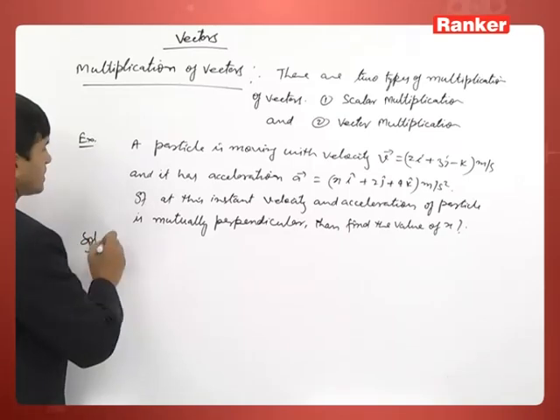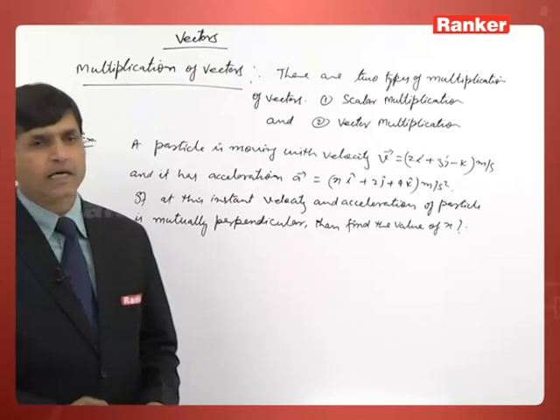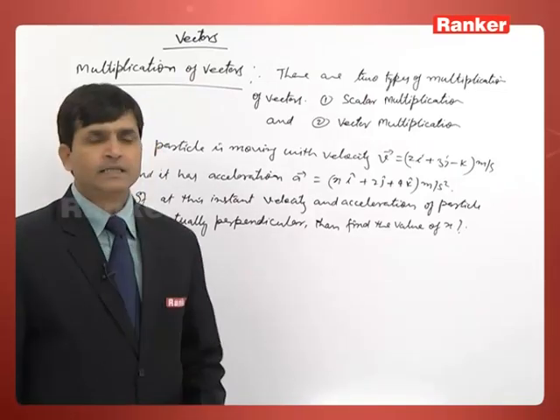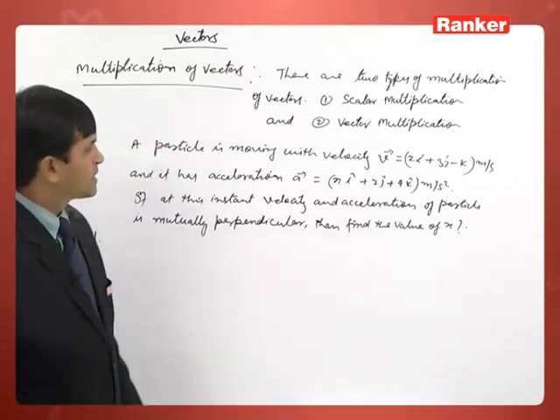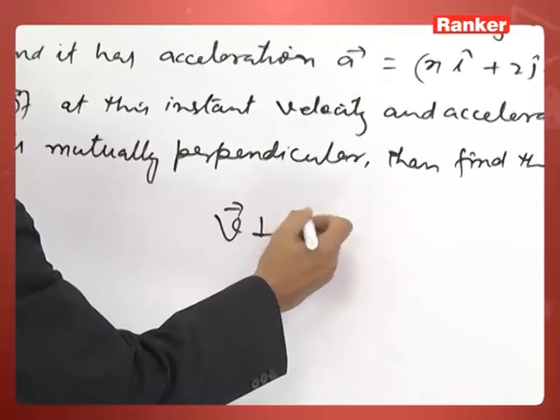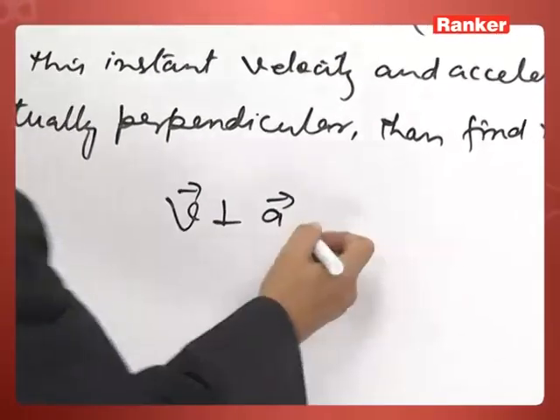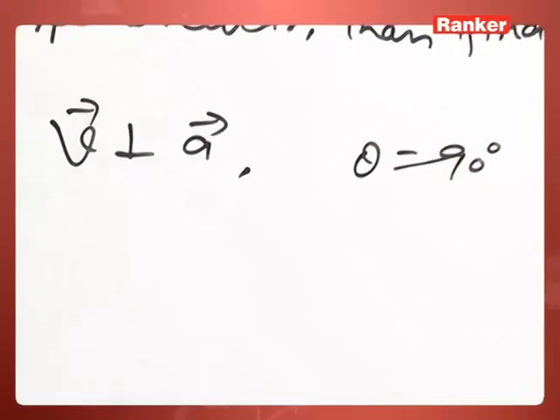Now, this is the question here. Velocity and acceleration of the particle are given and they are asking if these two are perpendicular. It means V and A are mutually perpendicular. So, we can say theta is here 90 degree.